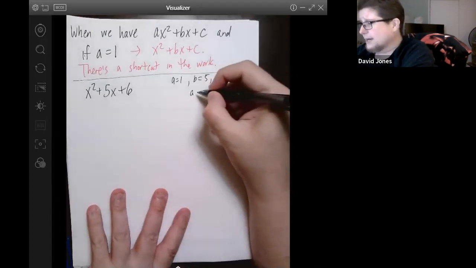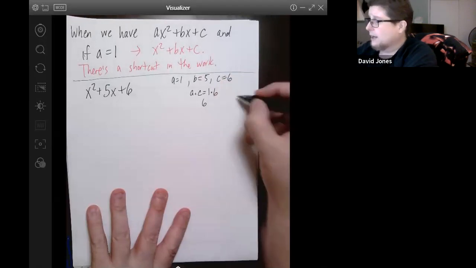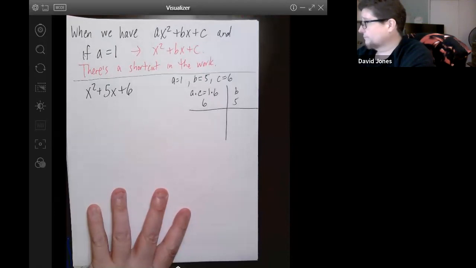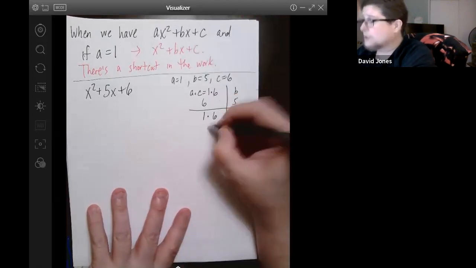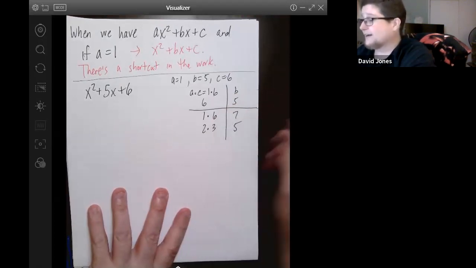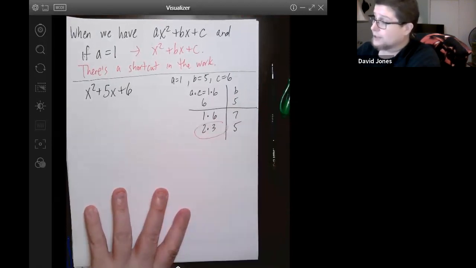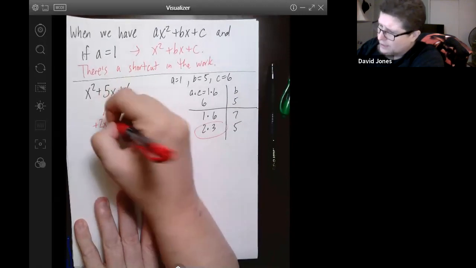So a times c is 1 times 6, which is 6, and b is 5. I've only got 2 combinations to end up with 6: 1 times 6, 2 times 3. That adds to 7, that adds to 5. We want the 2 times 3. So the 5x splits up into plus 2x and plus 3x.